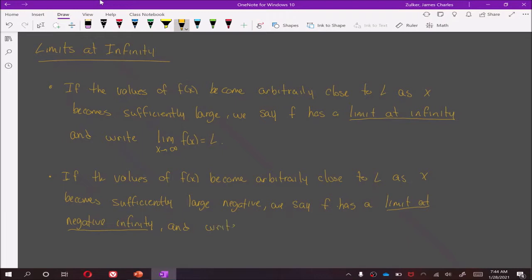And we write, and of course this is going to be different, this is read: limit of f of x as x approaches negative infinity is equal to L.